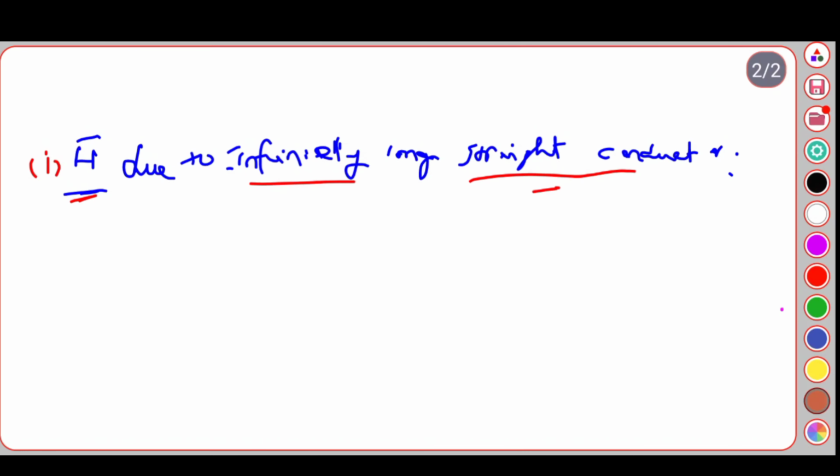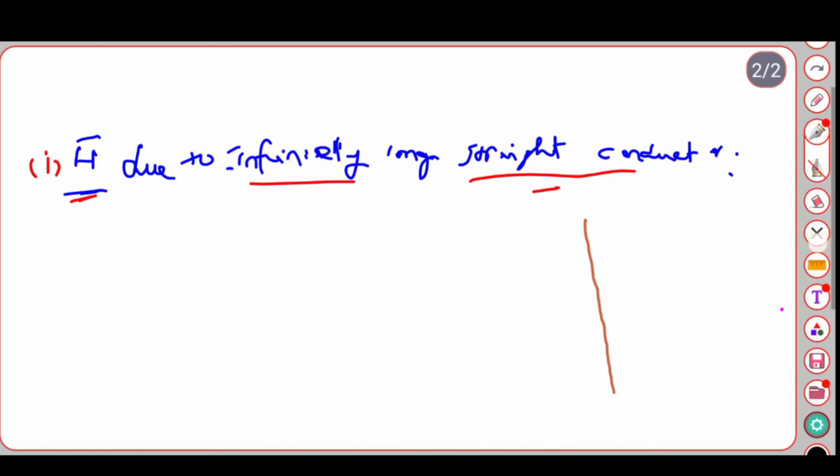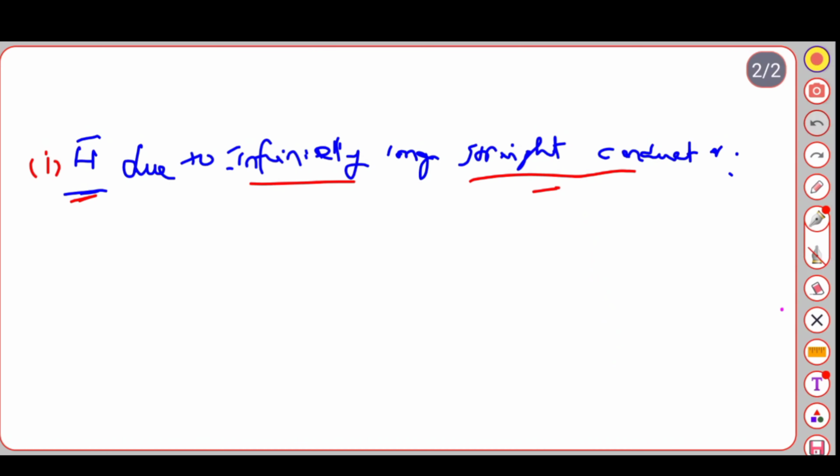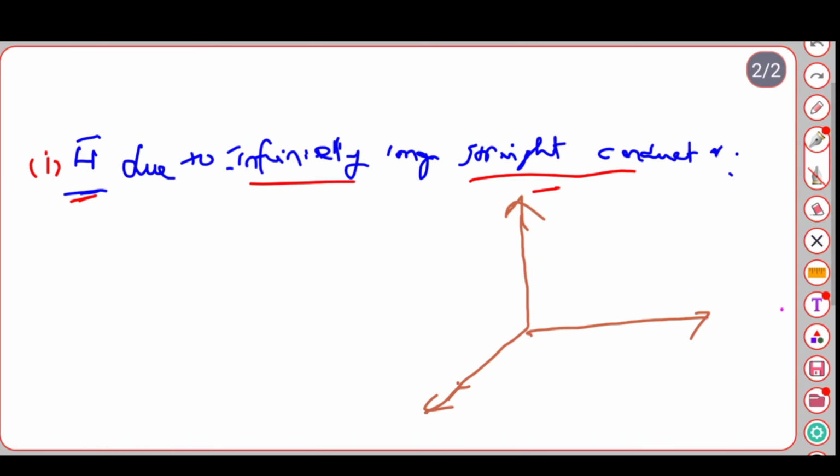Consider the long straight conductor. It is along the z axis. Assume an XYZ coordinate system, though we can apply different coordinate systems.